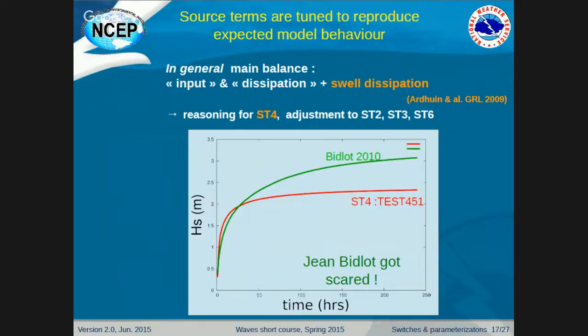2010 version of ST4. And you can see that the growth initially is pretty different, and oh, actually no, it's the other way around. Yes. Yeah. So the green is my, and the red is ECMWF. Sorry. So ECMWF actually grows to this nice fully developed sea.